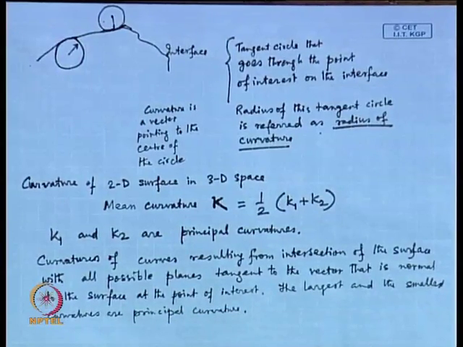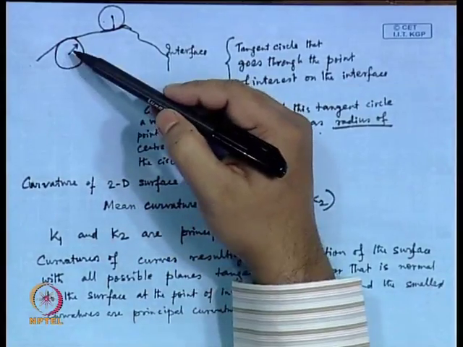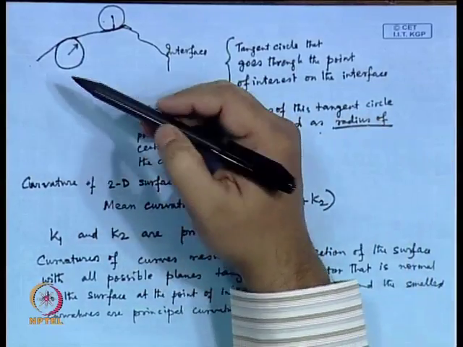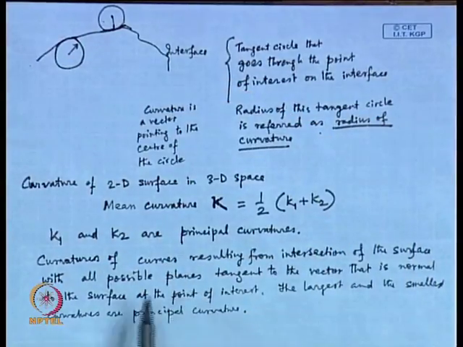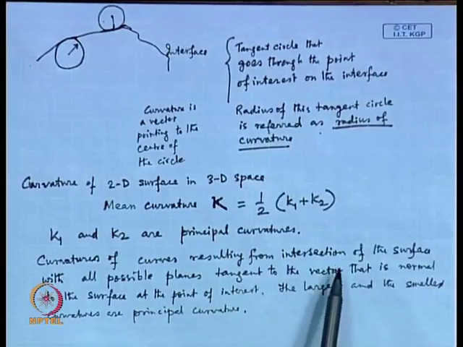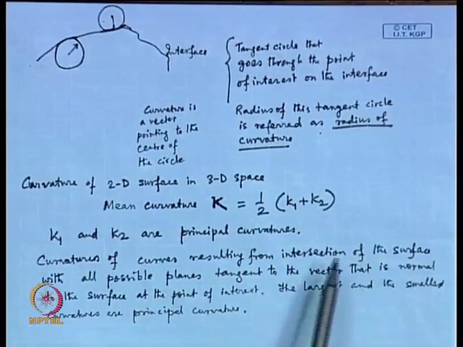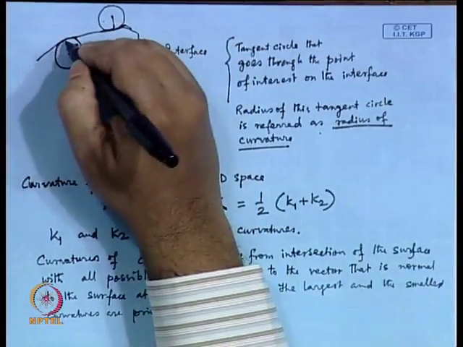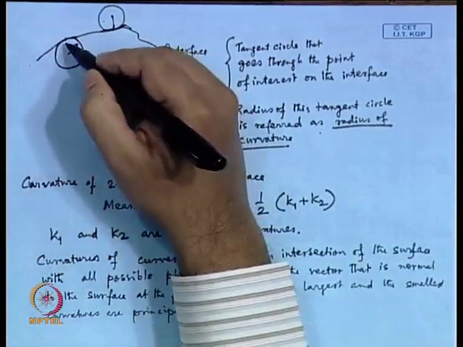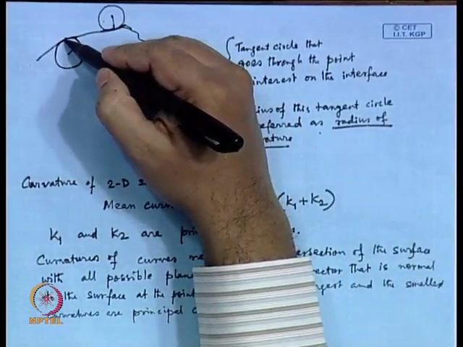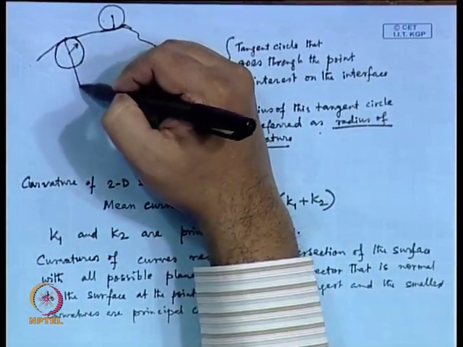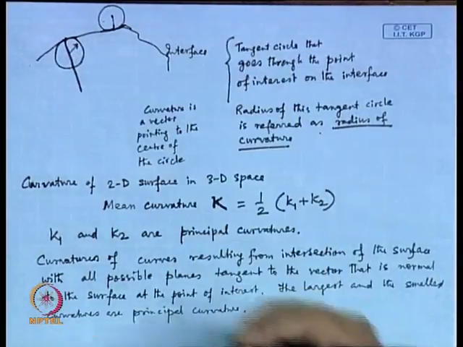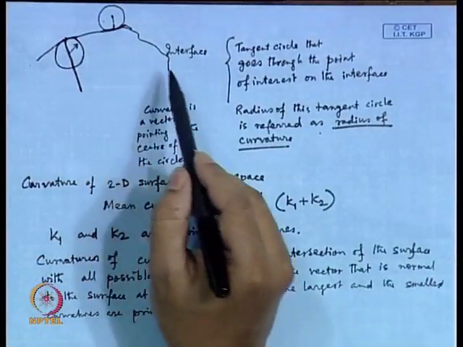So, what I mean here is that in a 3D space you have a 2D surface. So, you can have curvatures of curves resulting from intersection of the surface with all possible planes tangent to the vector. Suppose this is the point of interest, and you have something perpendicular to this point. Now, this I have drawn here is 1D, just a single line.